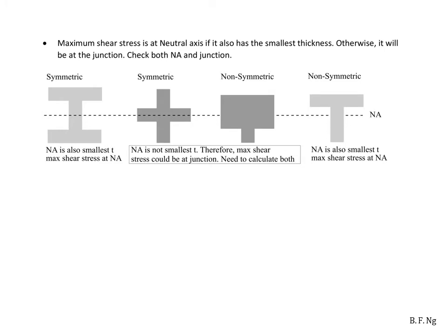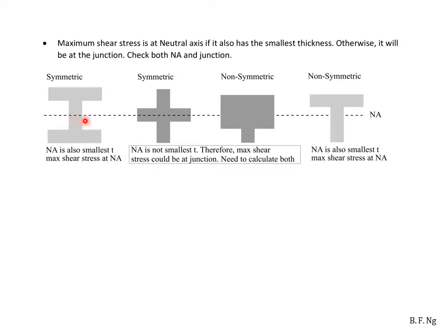Maximum shear stress for different cross-sections will be at different points. For symmetric sections, maximum shear stress is at the neutral axis if the neutral axis is also the smallest cross-section. Otherwise, maximum shear stress will be at the junction. We have a few cases here. First, we have an I-beam.